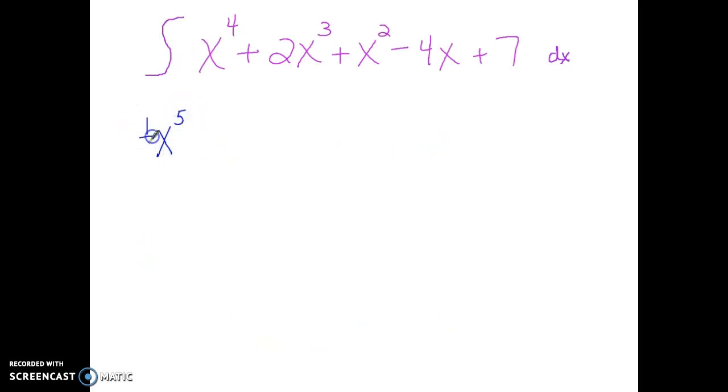Okay, when I go to integrate this one, first thing I do is add my 1 onto my exponent, which I get 5. My coefficient, which was originally a 1, gets divided by that 5, so I'm just going to leave that as the fraction 1/5. My next coefficient would be 2 divided by the 4. That reduces to be 1/2.